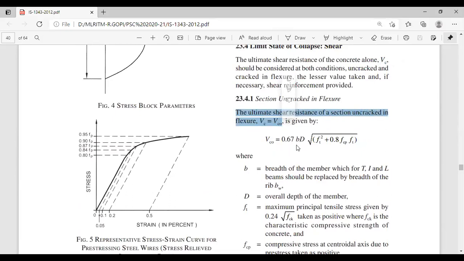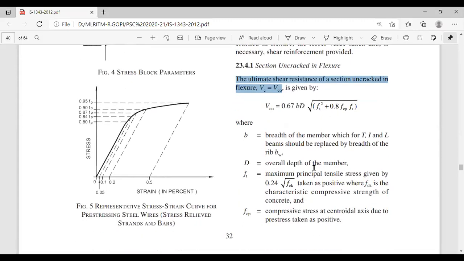VC0 equals 0.67 b D root of ft square plus 0.8 fcp into ft. Now the notations: b is the breadth of the member, for which in T, I and L beams it should be replaced by the breadth of the rib or web.